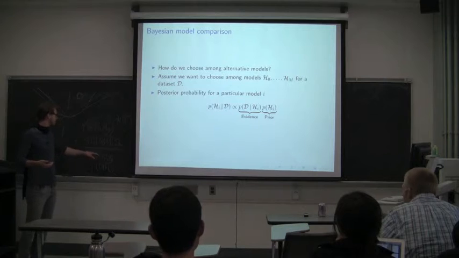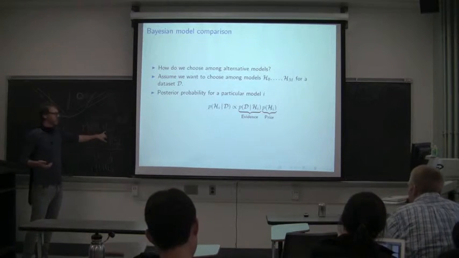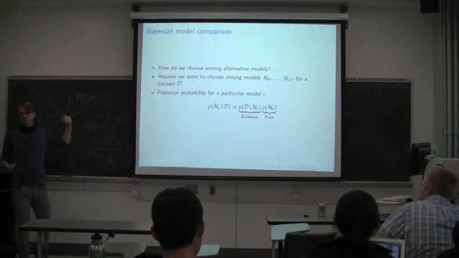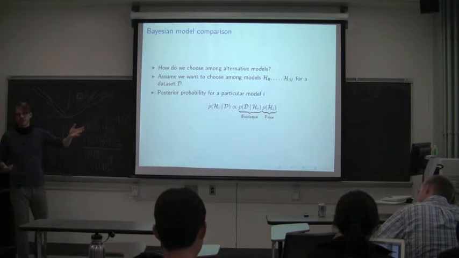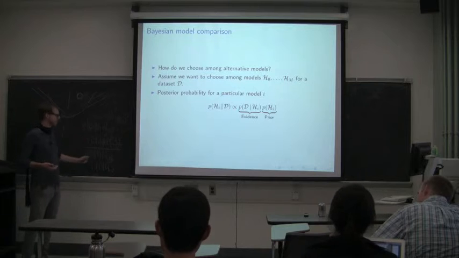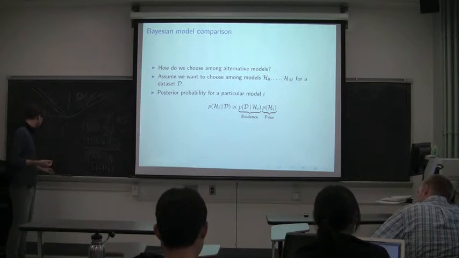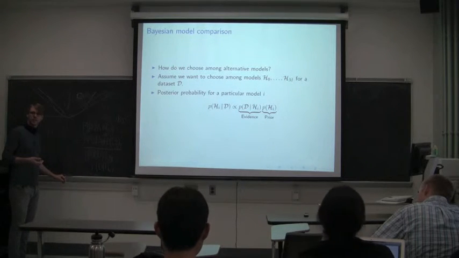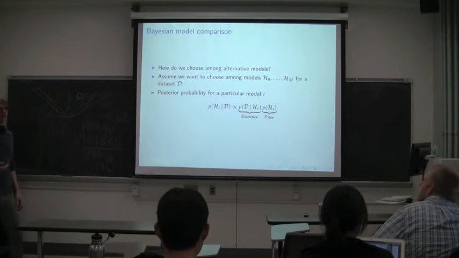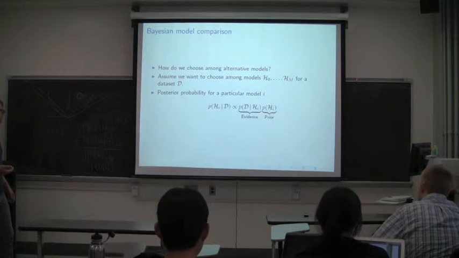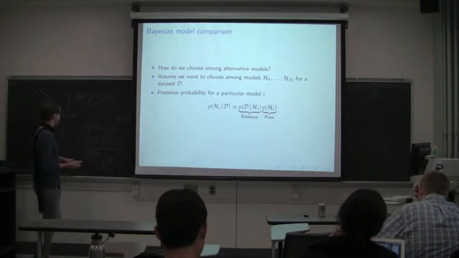Say H0 is a model with 2 basis functions, and H1 is a model with 10 basis functions. What's the difference between likelihood and evidence? Well, the evidence is the marginal likelihood.